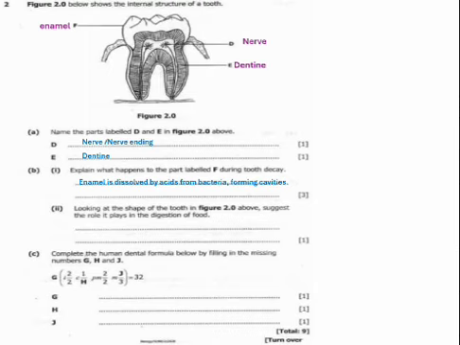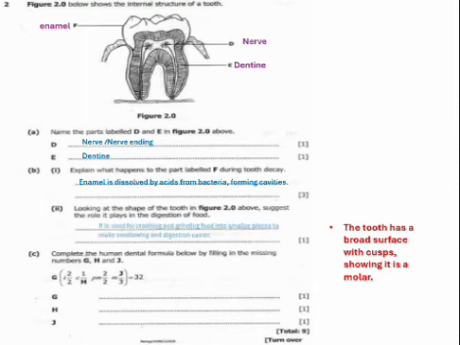The tooth is the molar, because it has a broad surface with cusps. The role of the molar is grinding and crushing food into smaller particles, making swallowing and digestion easier. Let's answer the last question.